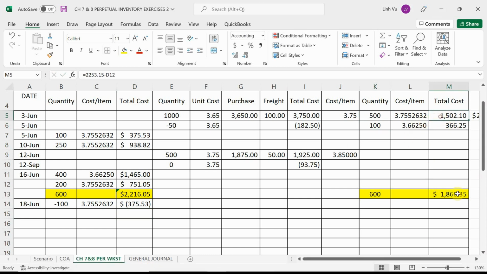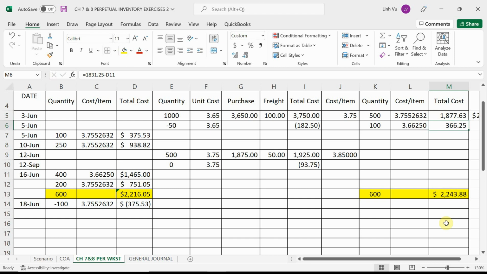And if I am currently at 1502.10 plus 375.53, what is my grand total cost? I am at 1,877.63. Okay.